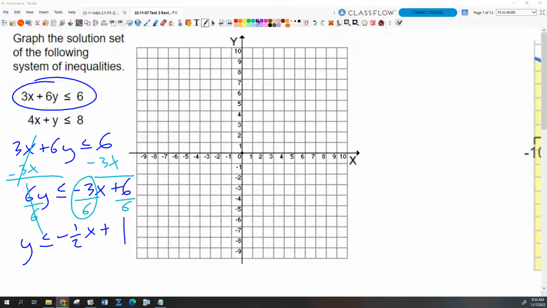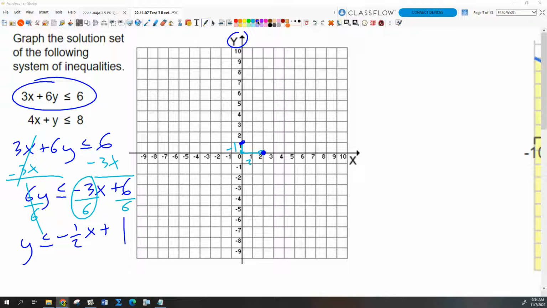Trenton, how would I graph the blue line? Talk me through it. Okay, good. So we're looking for the y-intercept. I'm starting at 1 because that's the value of b, right? Everybody see that? Okay, then what? Down 1 and over 2. My slope is negative 1/2. So I'm going to rise by negative 1, and I'm going to run by 2, and I get another point, and I'm going to connect with solid or dashed?